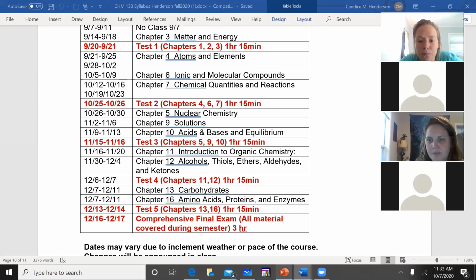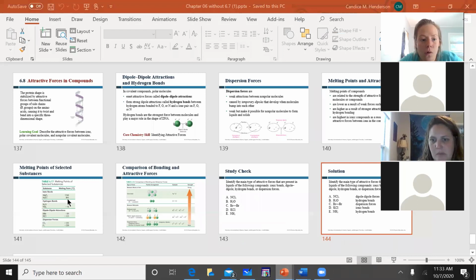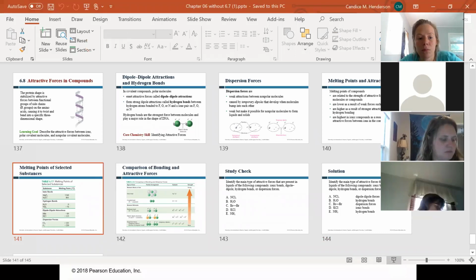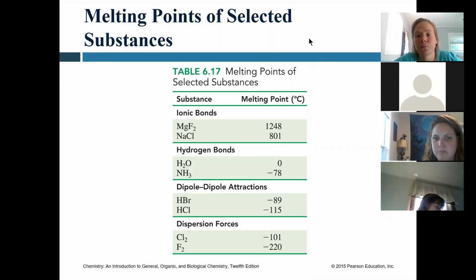Okay, so just to review this, when we're identifying ionic bonds, that is going to be anytime it's between a metal and a non-metal.